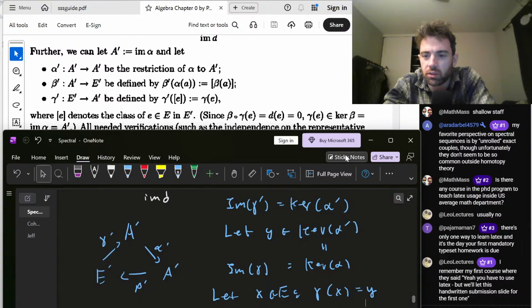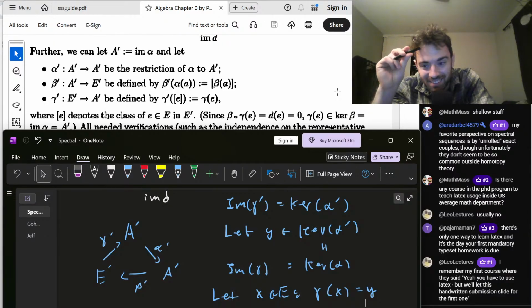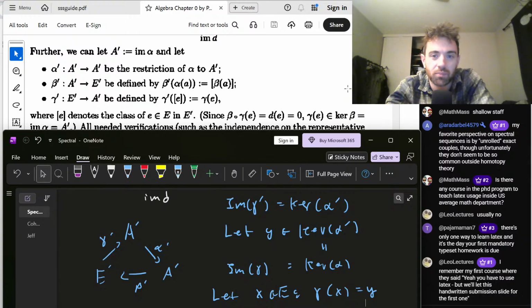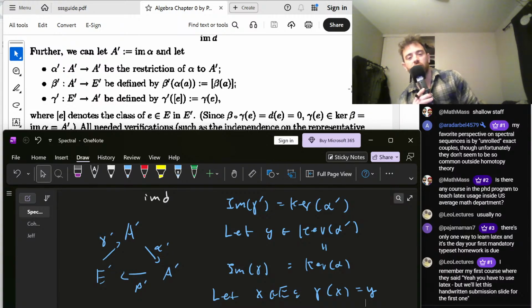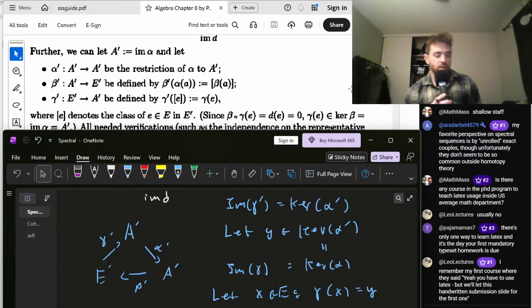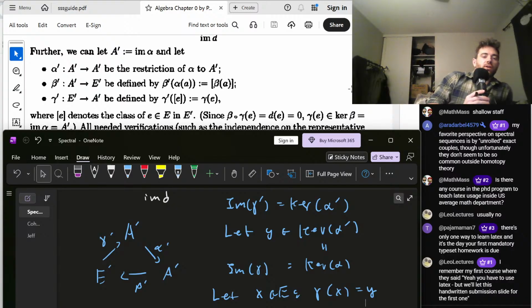There's only one way to learn LaTeX, and it's the day your first mandatory typeset homework is due. You remember your first course where they said, yeah, you have to use LaTeX, but we'll let this handwritten submission slide for the first one. Actually, when I taught the Galois theory course, the other instructor taught for the first month and then went on paternity leave.